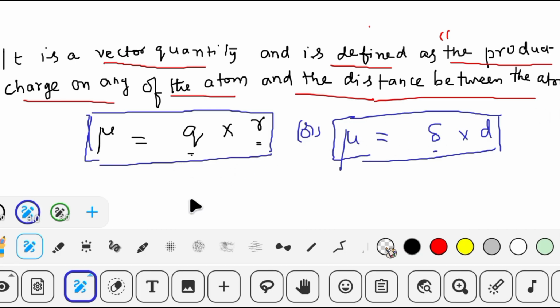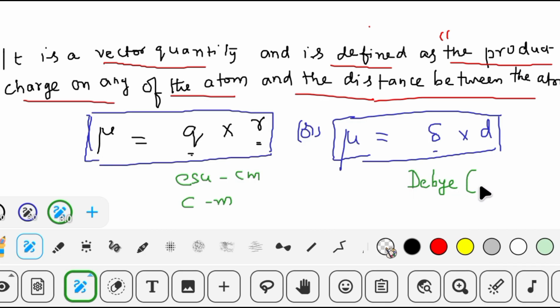But what is the unit required? The unit is ESU and centimeter, that is, electrostatic units for the charge and centimeters for the distance in CGS units. In SI units, you can give the unit as coulomb meter. The other unit is the debye, with capital D as the symbol.